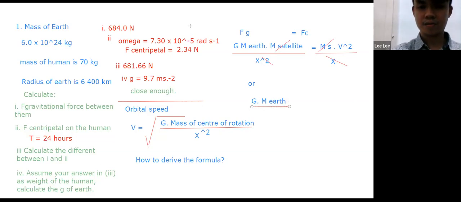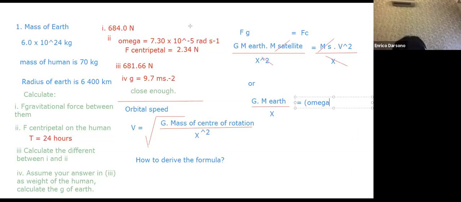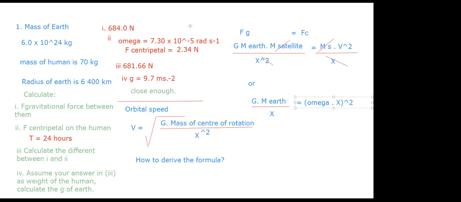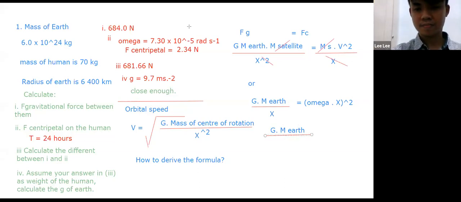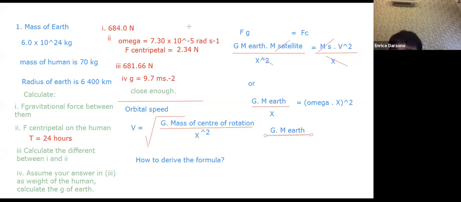Anyone have questions? So how to do the double ions? The centripetal, do you get omega? The omega, yes sir, I get, yeah, 7.3.